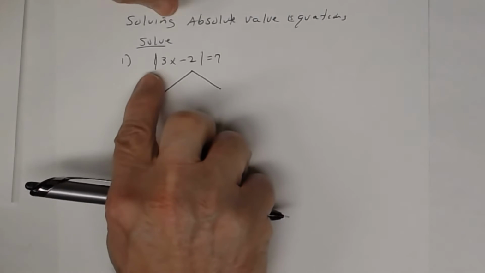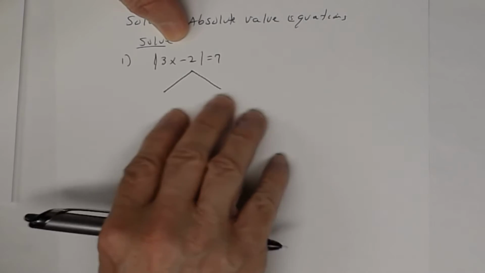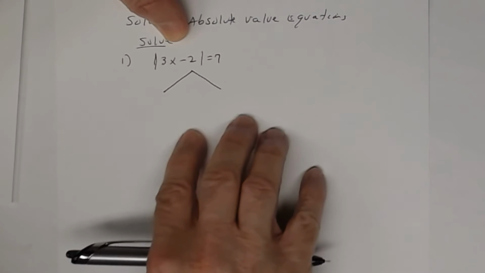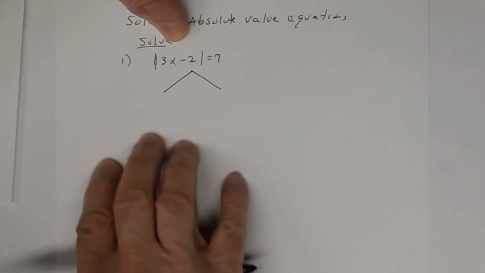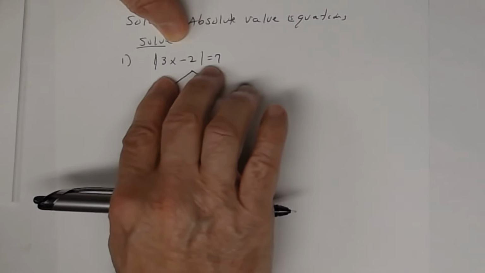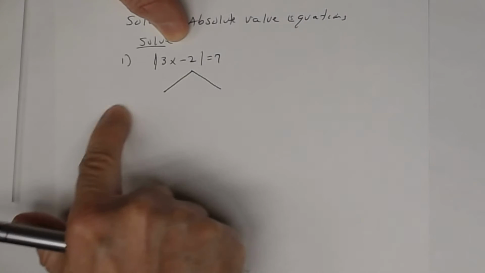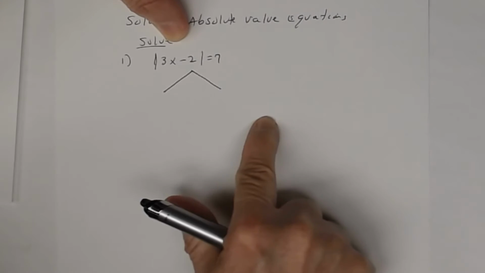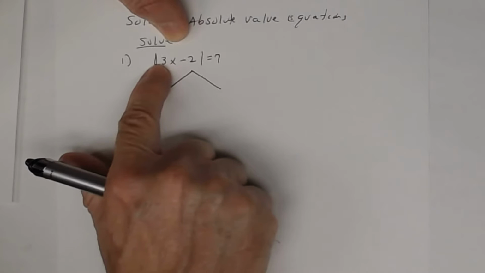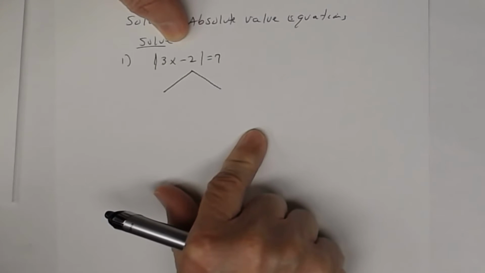When you rewrite it as two equations, the absolute value bars are no longer shown. When you split it apart, no more absolute value bars.